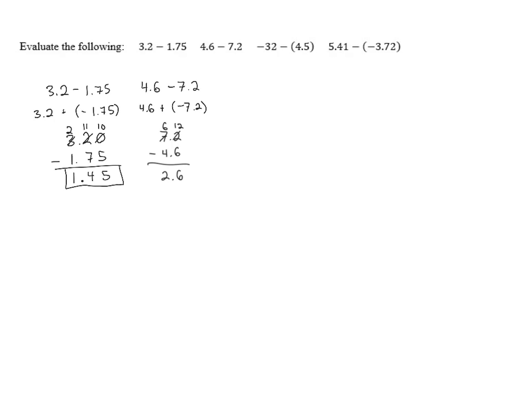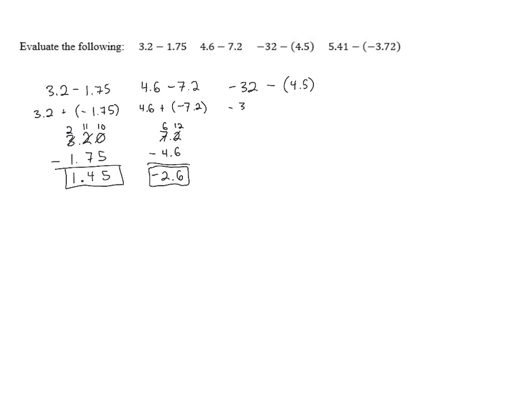Keep the decimal points lined up. Will it be positive or negative? Well, in this case, since the larger number was negative, our final answer will be negative, and that gives us negative 2.6.